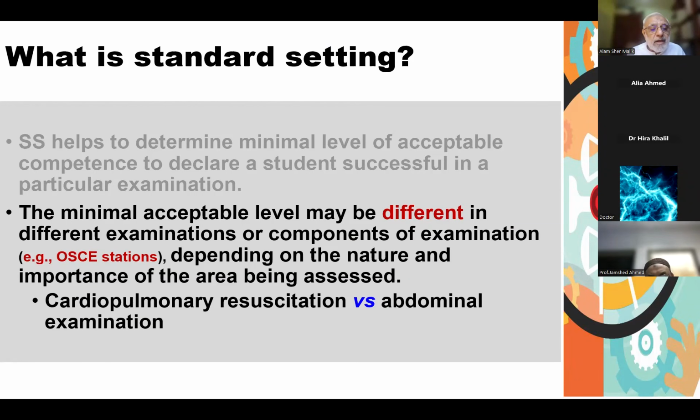For example, look at the minimal acceptable level of cardiopulmonary resuscitation as compared to abdominal examination. Our minimal acceptable level in cardiopulmonary resuscitation would be very, very high as compared to abdominal examination. So that is what it means, that it depends on the nature and importance of the area being assessed.